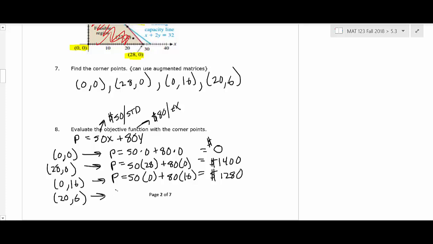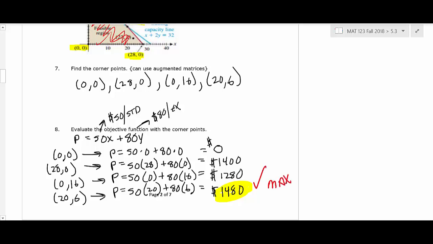And if we did this, we would do $50 for the 20 standard tents plus $80 for the 6 expedition tents, and we'll see what we get out of that. So 50 times 20 plus 80 times 6 is going to be $1,480. Okay, so here's what you have: that's your maximum profit because that's the biggest.